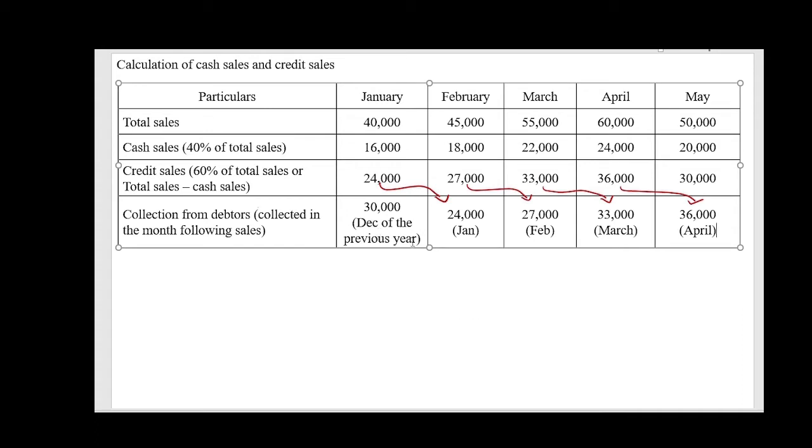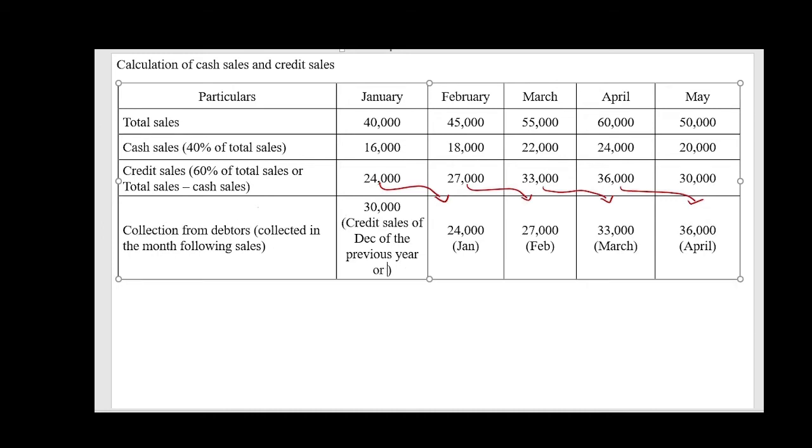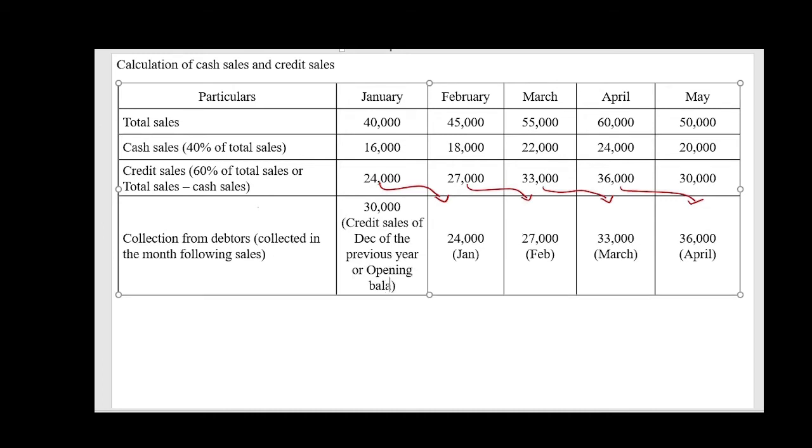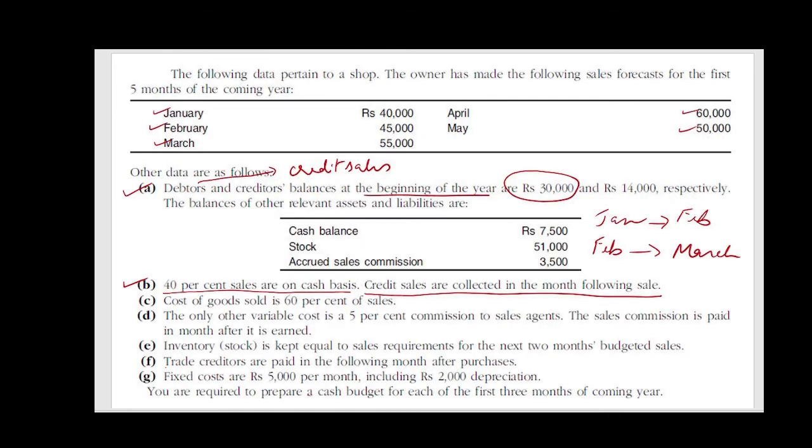And December of the previous month. But in the problem, they have given it as opening balance. So we are done with the calculation of cash and credit sales as well as collection from debtors.